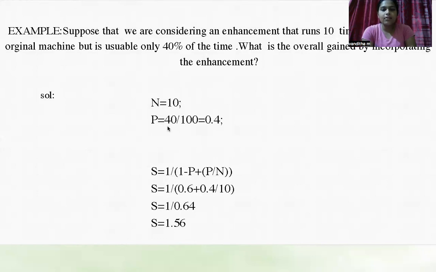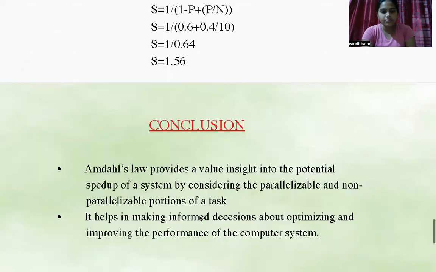Second, we have 40% of the time, that is 40 divided by 100, which gives 0.4. Whenever values are given in percent, we need to convert them into decimal values. After substituting in the same formula, P as 0.4 and N as 10, and simplifying, we get the final answer as 1.56.